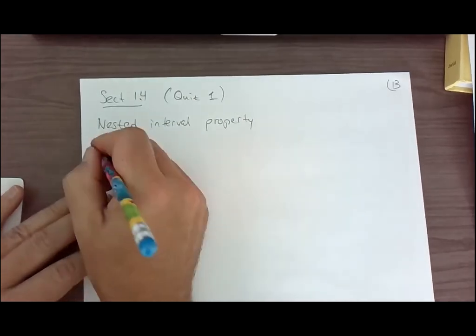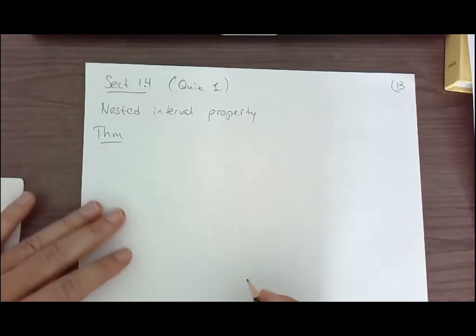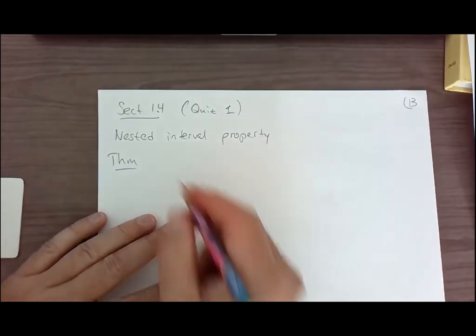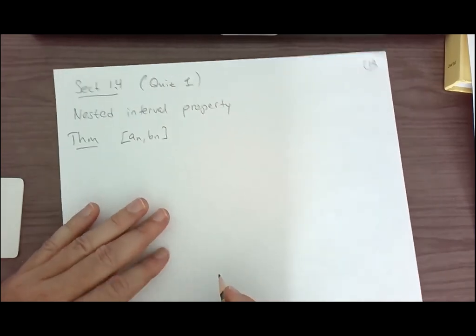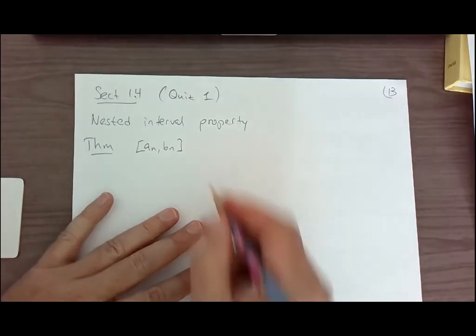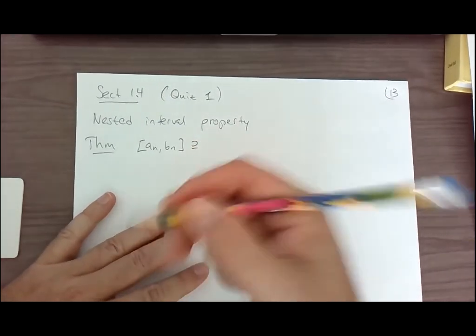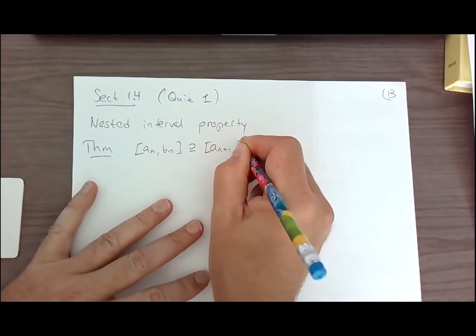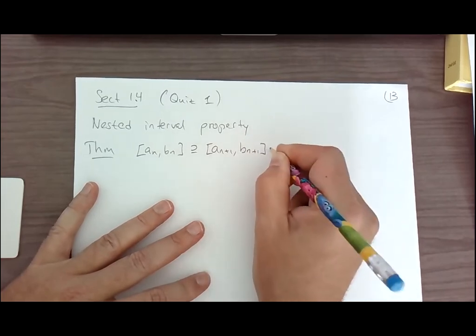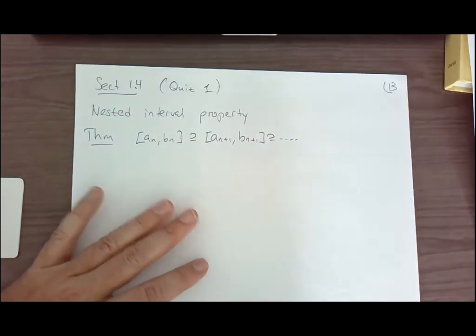What you do is you take a bunch of intervals that are nested, very much like the ones that we had for the Cantor set the other day. They decrease.